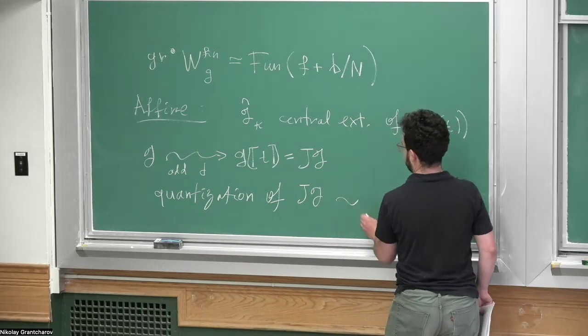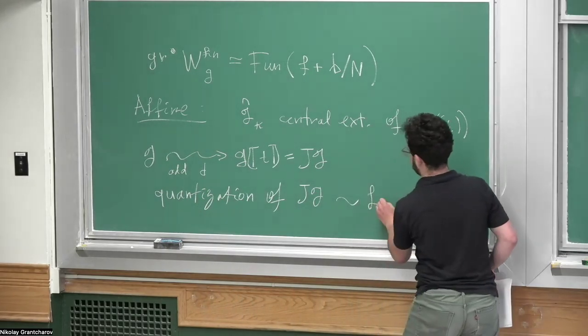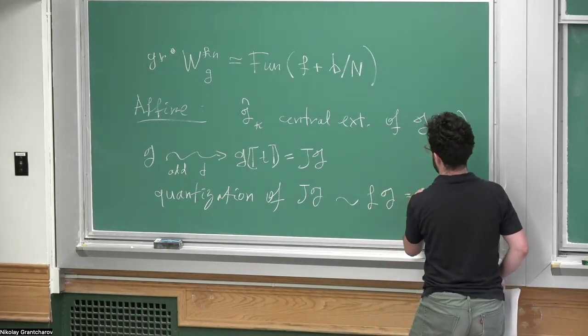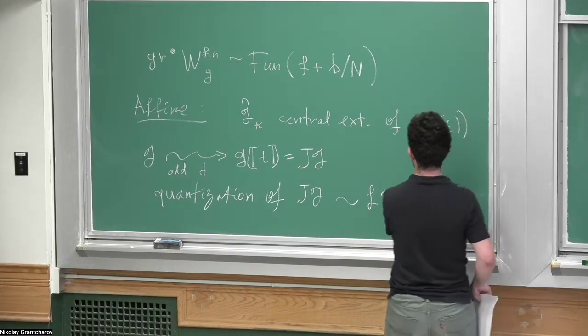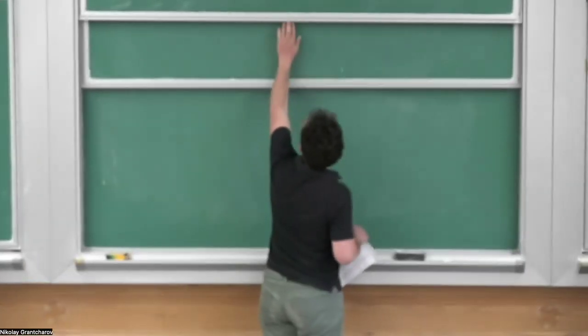The idea is that we take the loop algebra of G, G of T. Why is this considered quantization? We need something non-commutative.